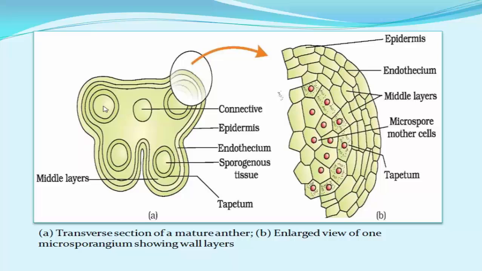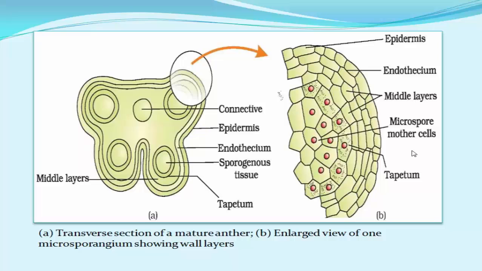Those cells represent sporogenous tissue. The cell of the sporogenous tissue represents the microspore mother cell. One microspore mother cell, which is diploid in condition, undergoes 2 meiotic divisions, meiosis 1 and meiosis 2.